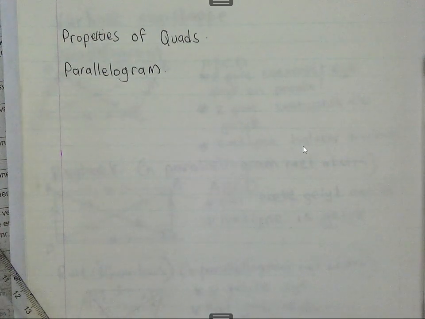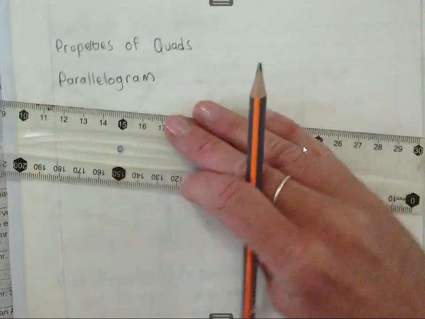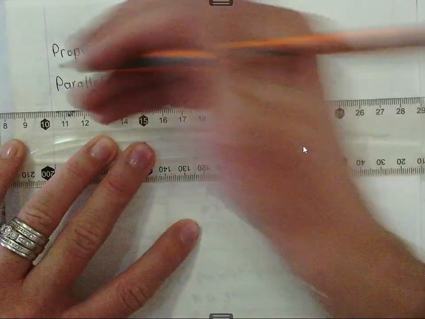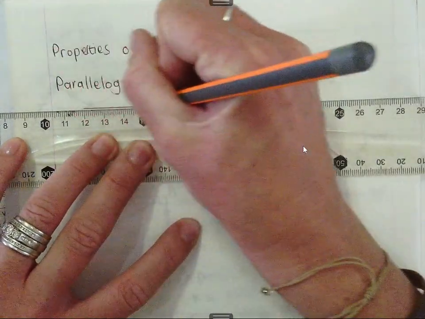So when I look at a rectangle, it is already a parallelogram. All of the properties that we're going to see with the parallelogram are in the rectangle as well. They just got something extra with it. So we're going to draw a parallelogram nicely on scale.